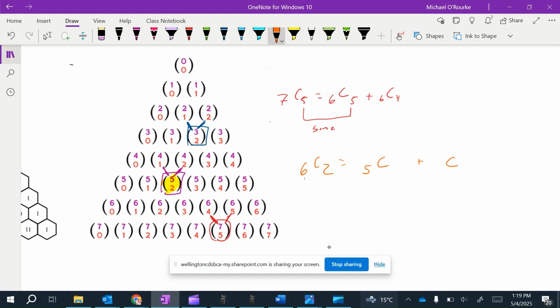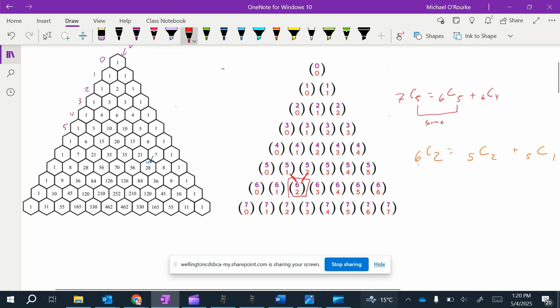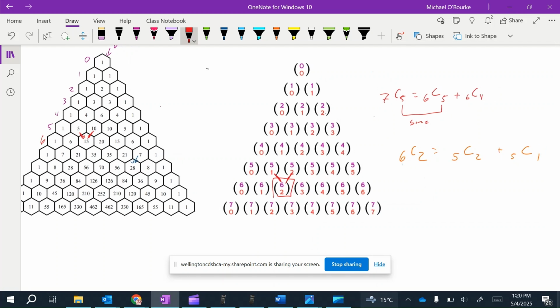We keep the column number the same, 2, plus 5C1. Which, if we take a look here, makes sense. 6C2 is here. So these two numbers are going to lead into it, just as if, here's 6 right here, 0, 1, 2, right? 15 is made by 5 plus 10. Okay, and 5C1 is right there.